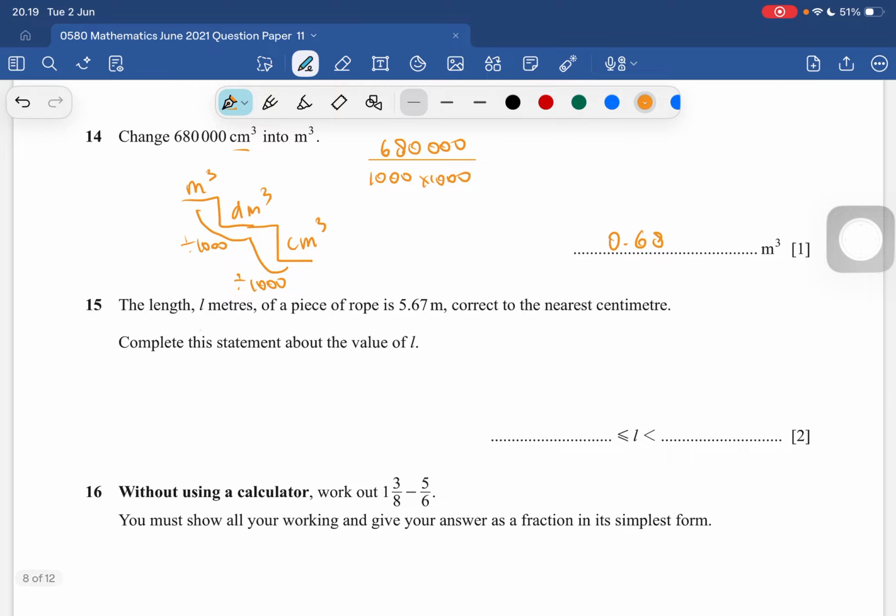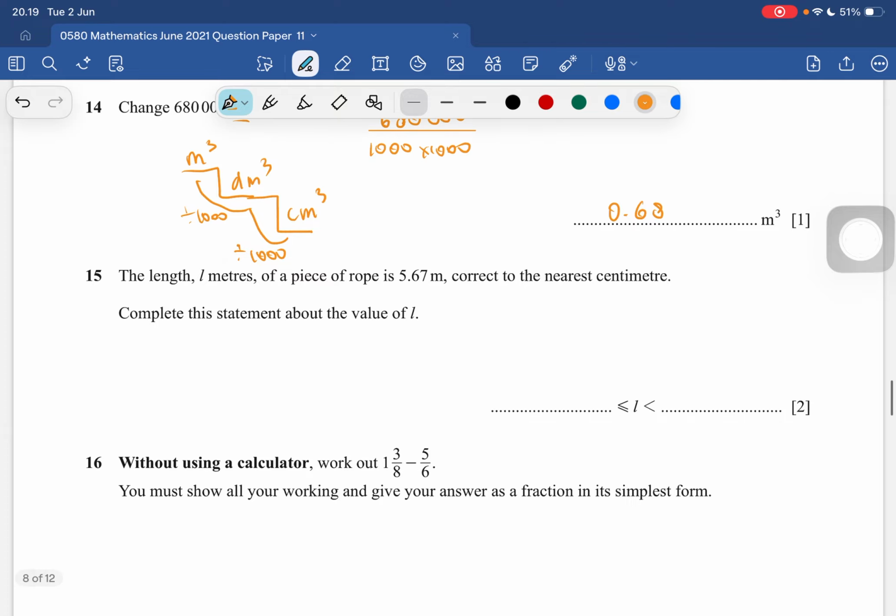Okay, the length L in meters of a piece of rope is 5.67, correct to the nearest centimeter. So the nearest centimeter is here, so the accuracy is equal to 0.01. We make it a half, so we get 0.005 for the boundary.